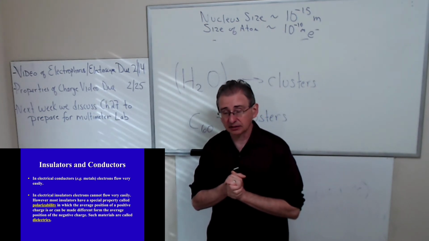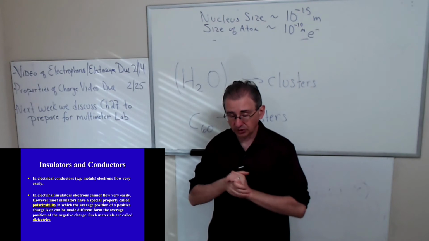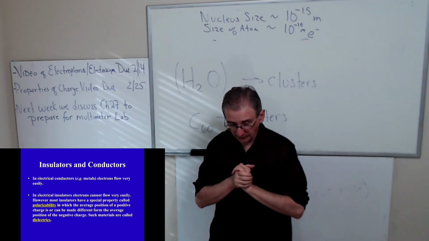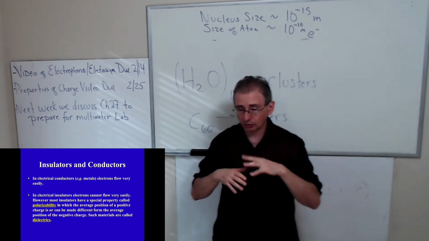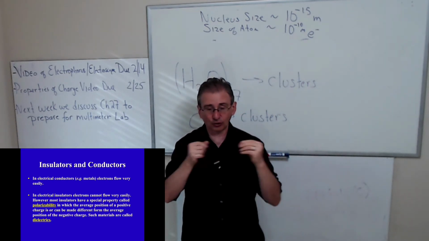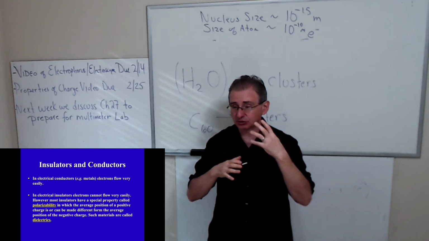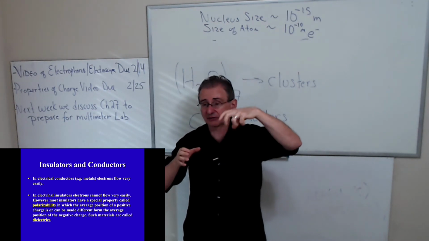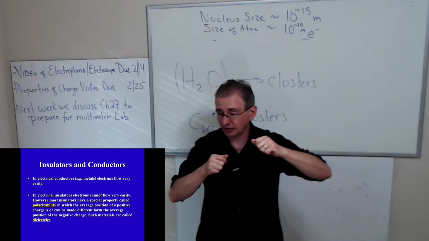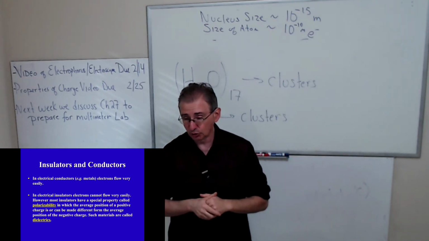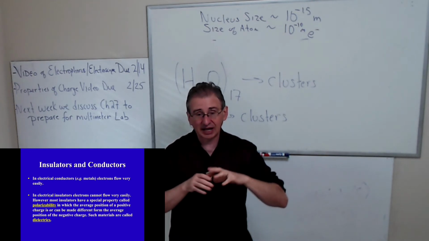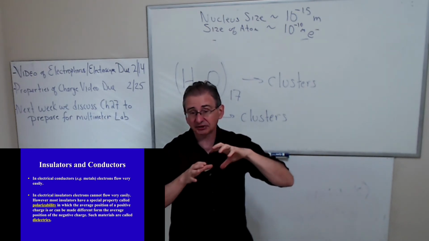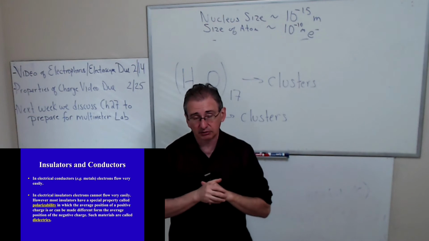Because in a metal, when you get a bunch of atoms together, whether it's aluminum or gold, the way they interact to form that solid, what happens is you end up with a lot of the outer electrons from each of the atoms really being loosely bound to each of the atoms. You actually have a lot of electrons that are free to flow.